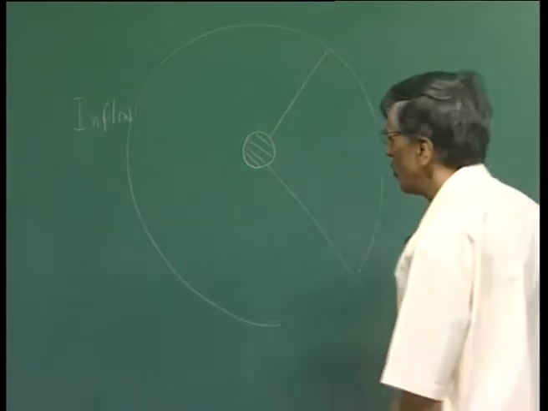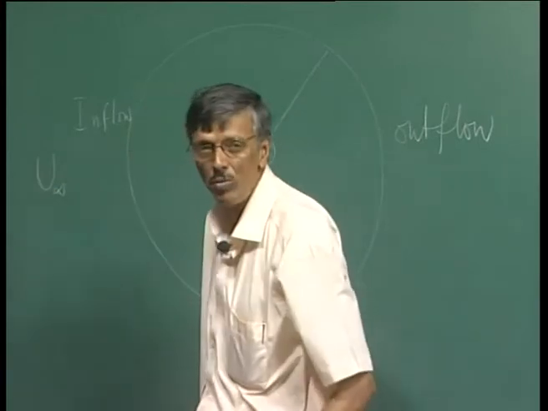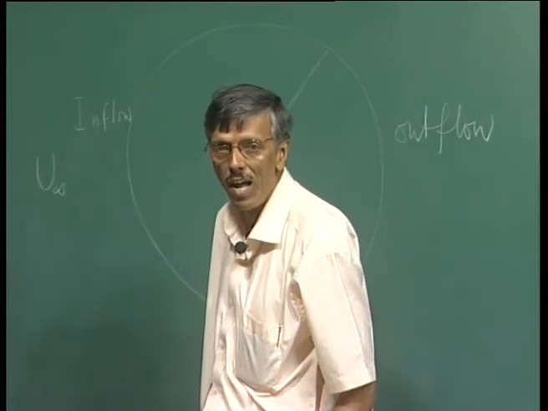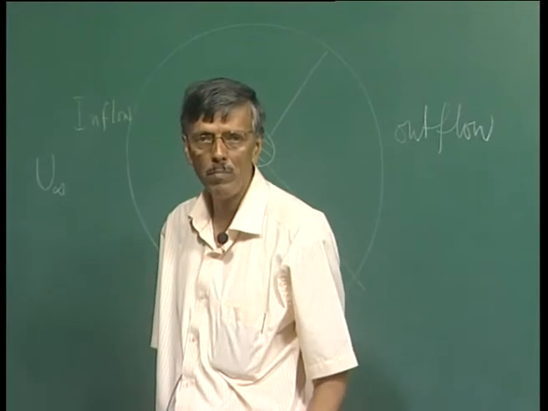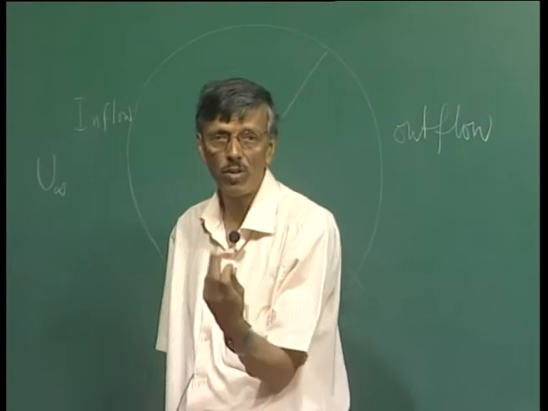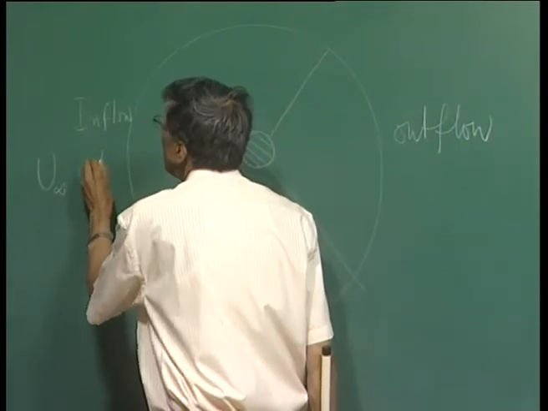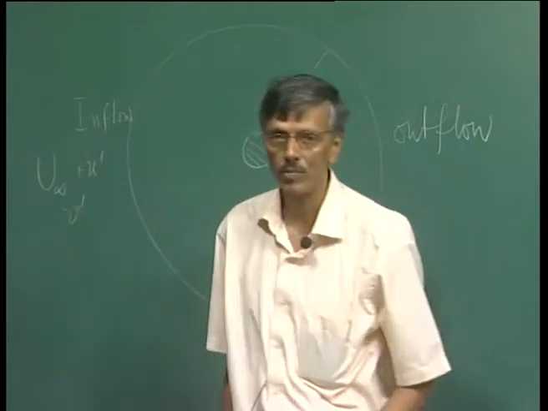In the inflow, unlike what everybody else does, we specify u infinity and u prime, v prime. If we are doing a 2D calculation, we will only have two components, u prime and v prime. That is what we put in there. Okay.